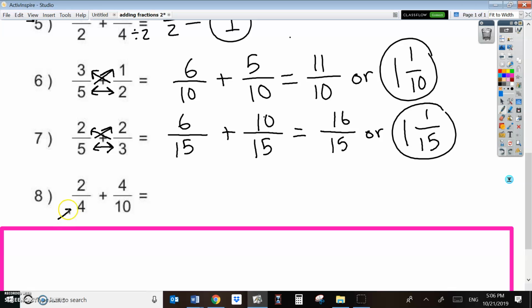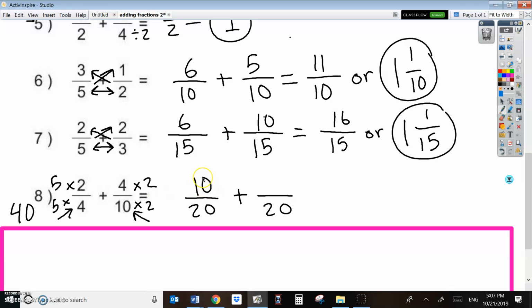If you look here, there's 4 and 10. And you could use 40 for your denominator, but it wouldn't be the least common multiple. 20 would be a simpler choice. It is the least common multiple of 4 and 10. Times 5 here, times 5 here, times 2 here, times 2 here.